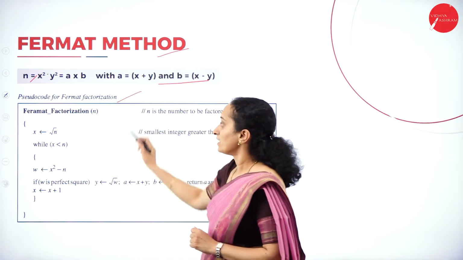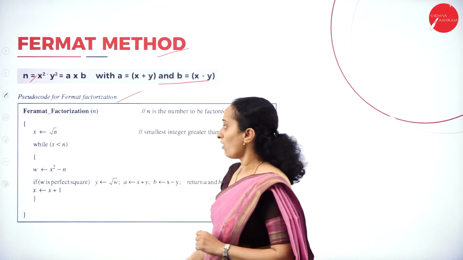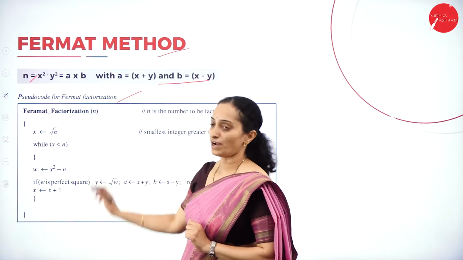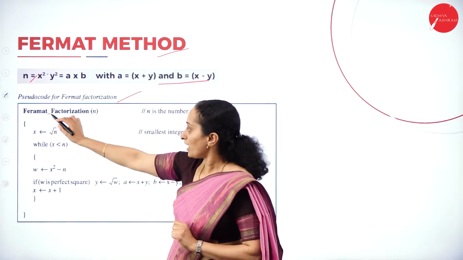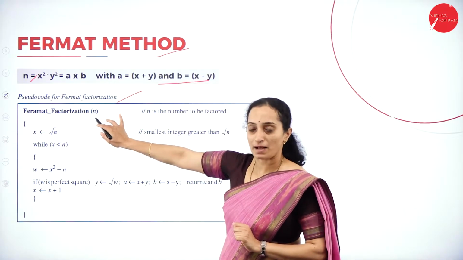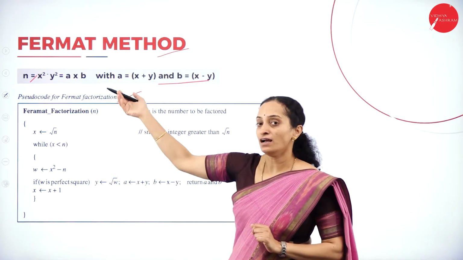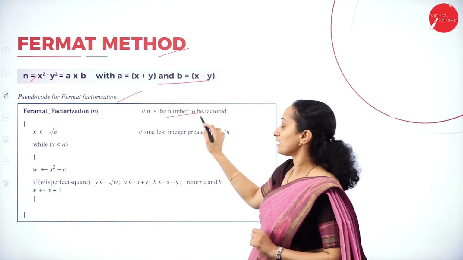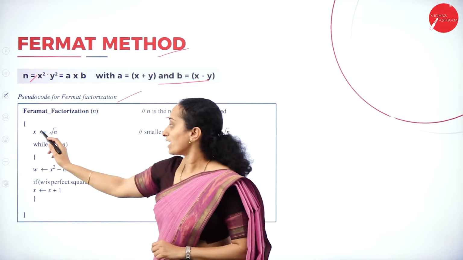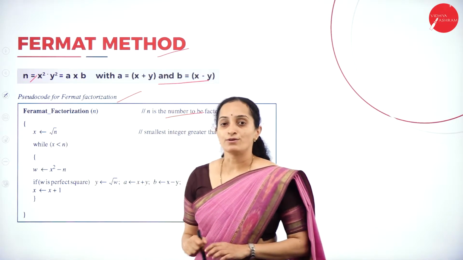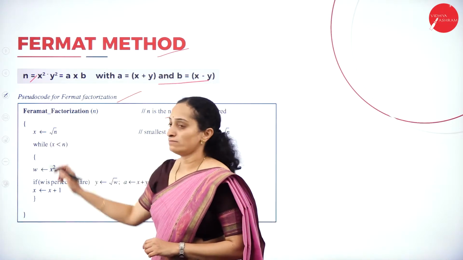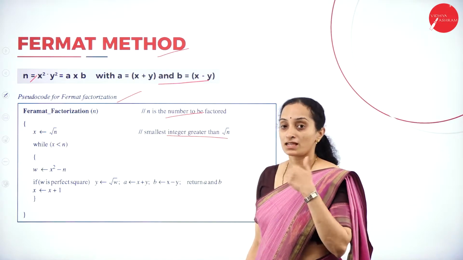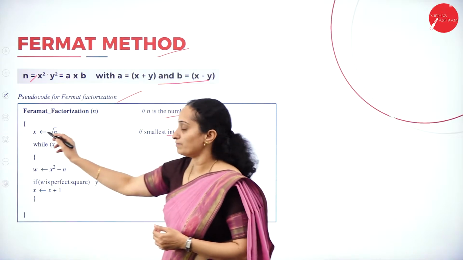Here we have the algorithm, or pseudocode, for Fermat factorization. Here we have the parameter which is passed as n. N is the number to be factored. Then we have x. The square root of n is calculated, which is assigned to x. It is the smallest integer greater than the square root of n.